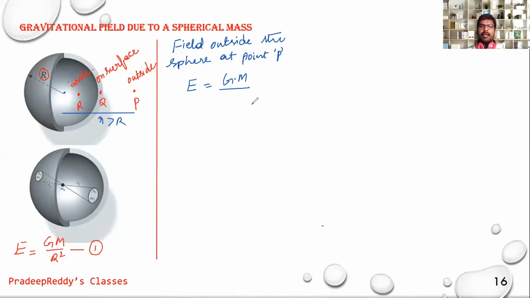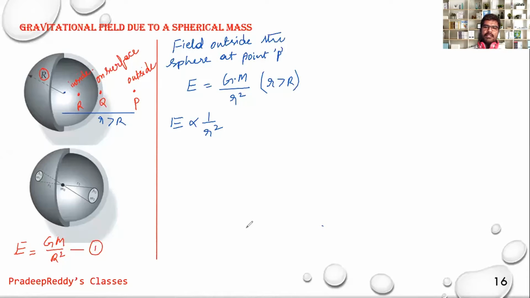Small r is greater than capital R. Therefore, it is r square, where r is greater than capital R. So you can clearly understand that gravitational field is inversely proportional to the square of the separation between the position where you are calculating gravitational field. That is field outside the sphere at point P.